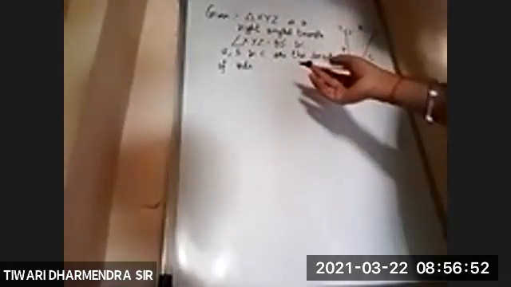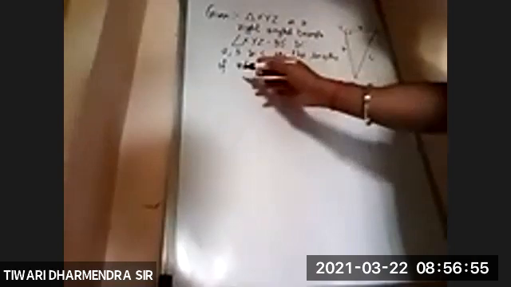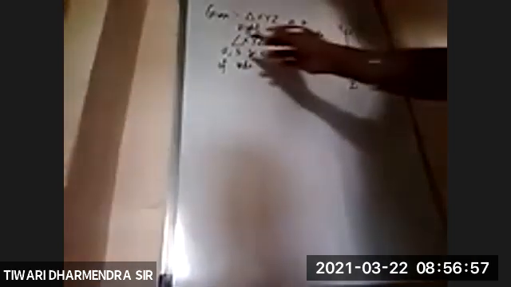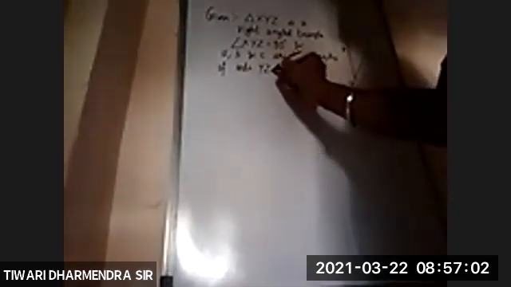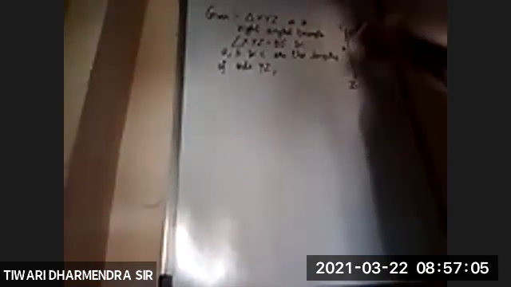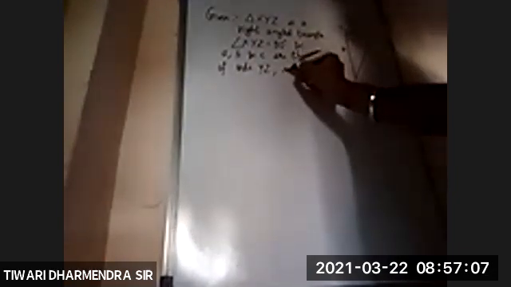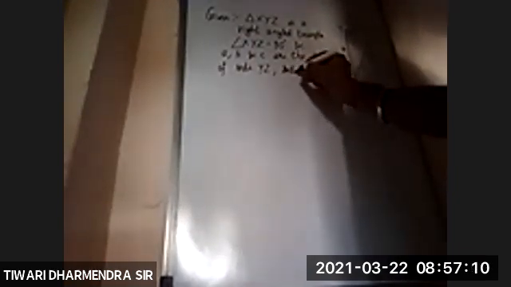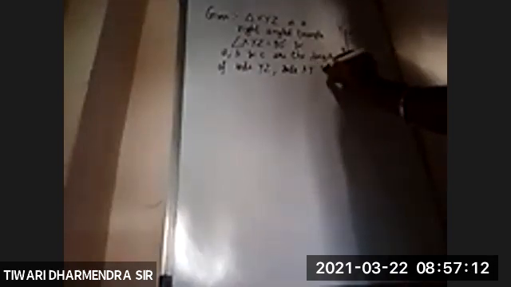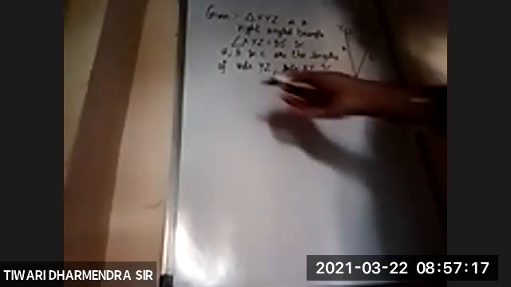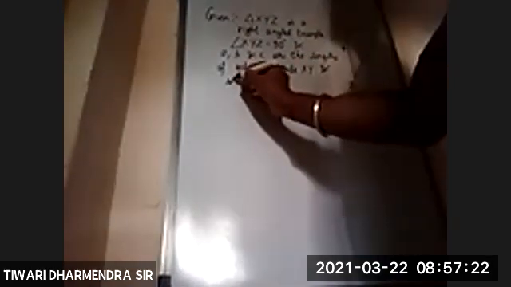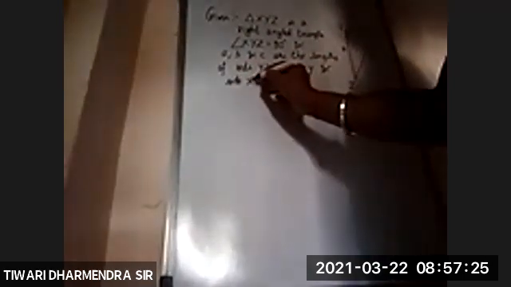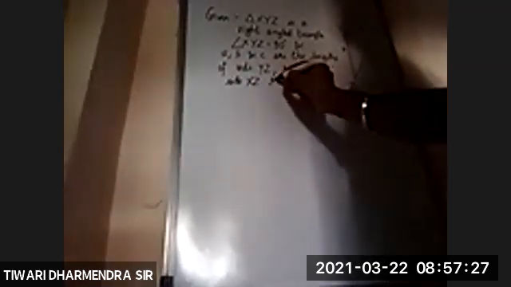So you can now mention here a, b, and c are the lengths of the sides. a represents the length of side YZ, b represents the length of side XY, and c represents the length of the side, in the sense hypotenuse, but this is side XZ, respectively.